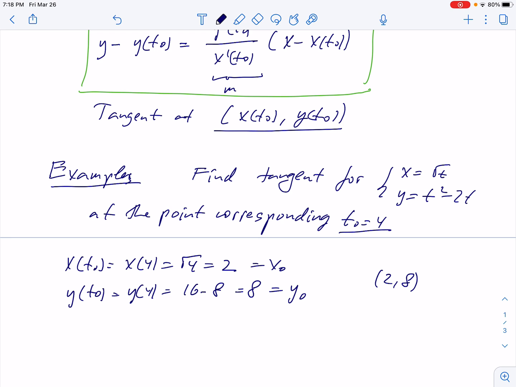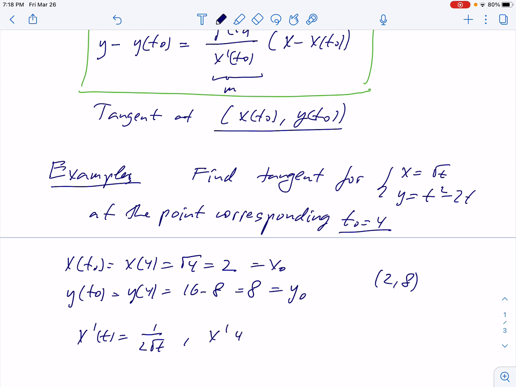Now the derivative, x prime of t is 1 over 2 root of t. You can write root of t as t to the 1/2 and use the power rule.